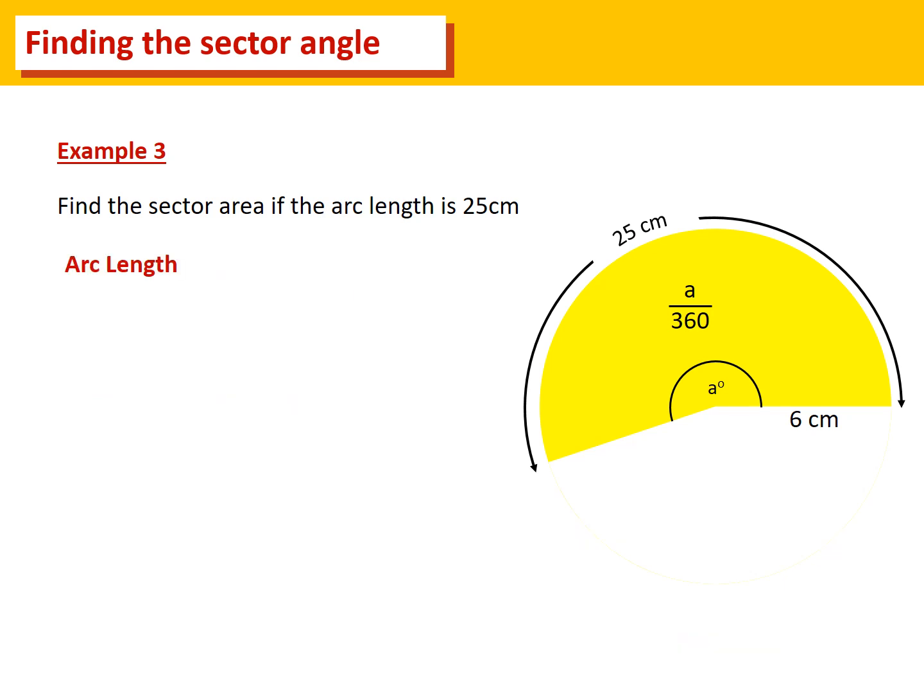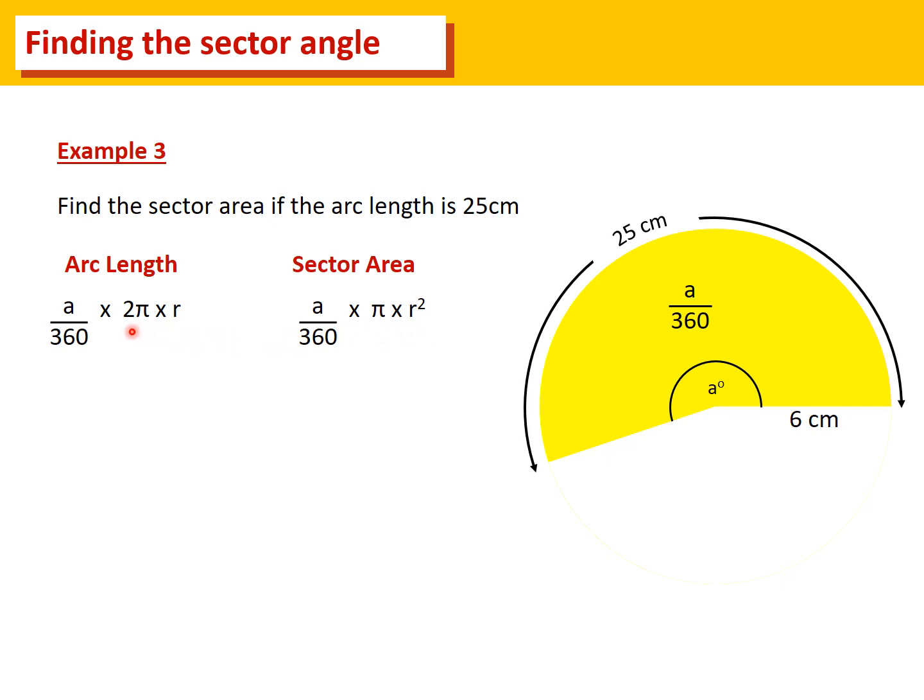If we look at the two formulae for the arc length and the sector area, they have similarities. First of all, we've got the same fraction involved. In the arc length, we've got a fraction of the circumference, so we've got 2 pi r. In the sector area, we've got a fraction of the area, pi r squared.